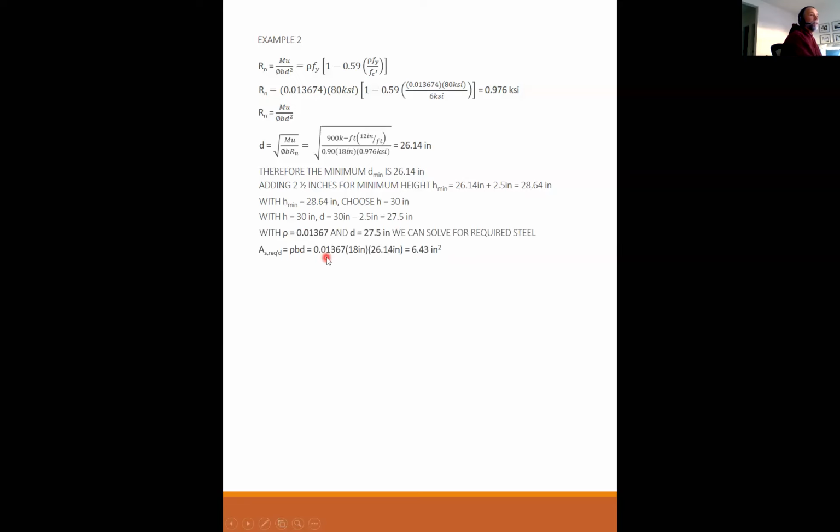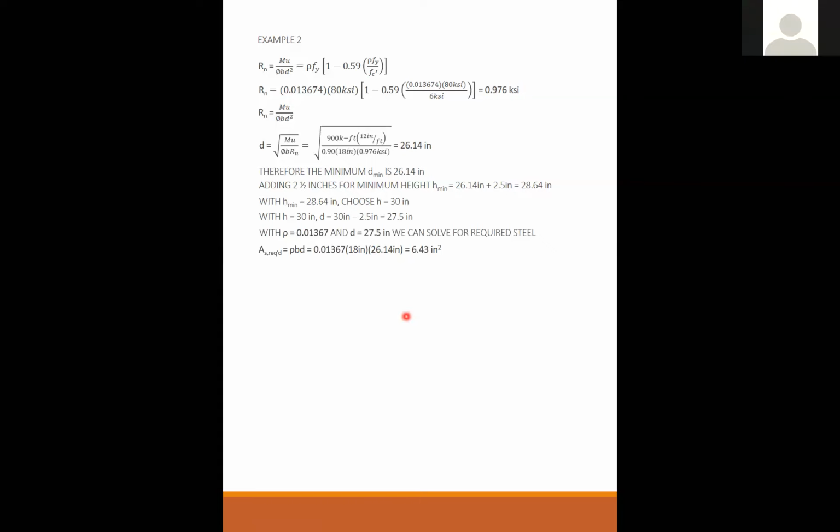So I'm keeping it apples to apples. The minimum D that I solved for, the minimum rho that I solved for, defined the minimum area of steel. So that's why I use this one, not that one. If you plugged in 27.5, it's not horribly wrong. You're just overestimating a little bit.